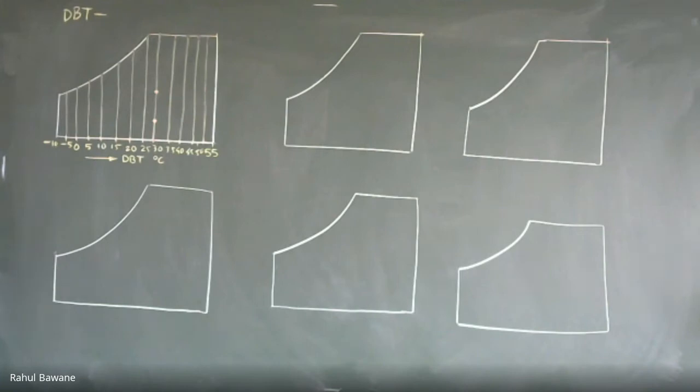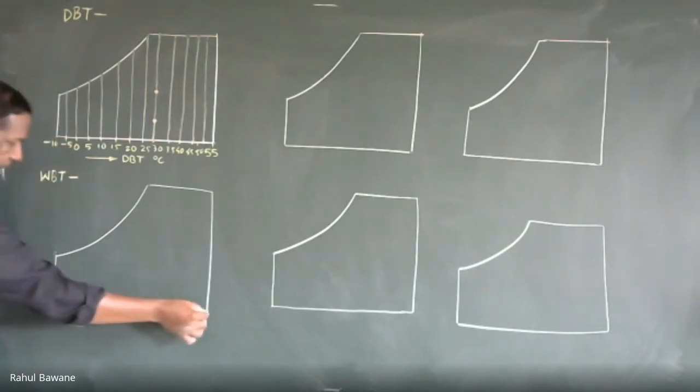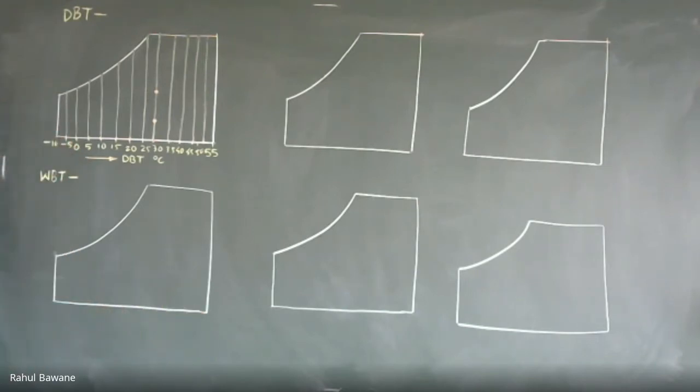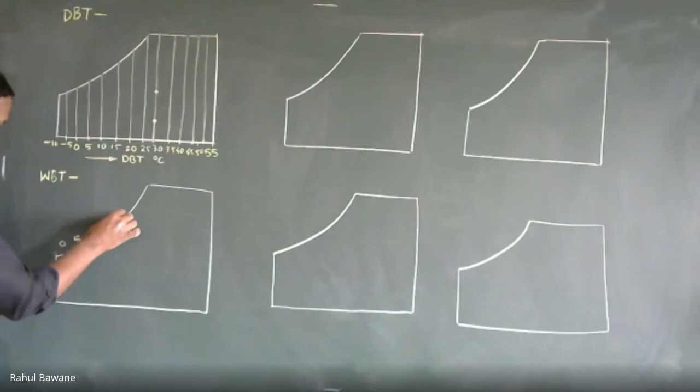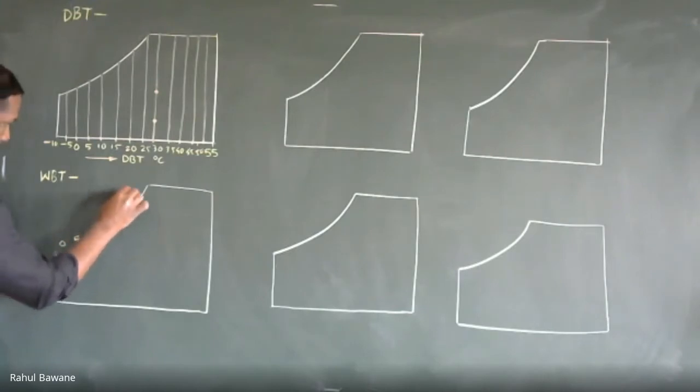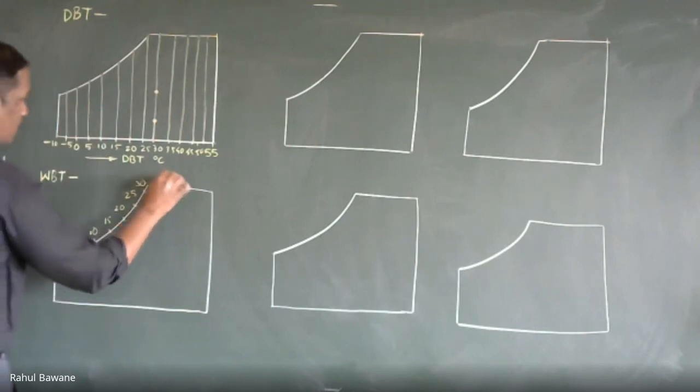Next, WBT, wet bulb temperature. Wet bulb temperatures are plotted on this curve section. So this is 0, 5, 10, 15, 20, 25, 30, 35.